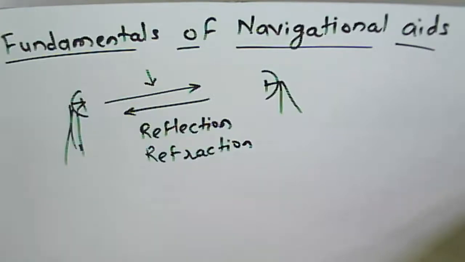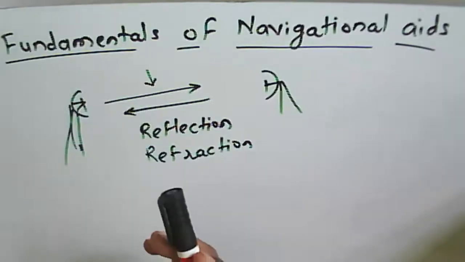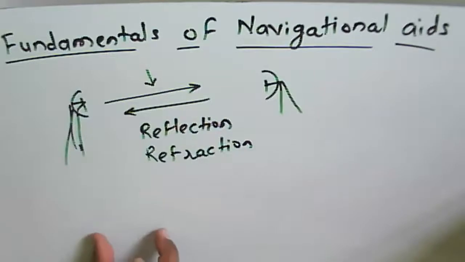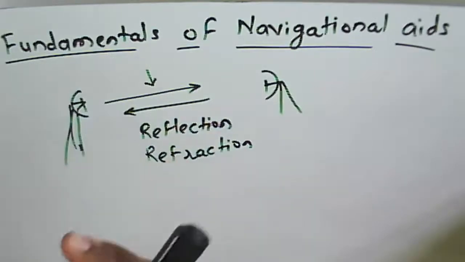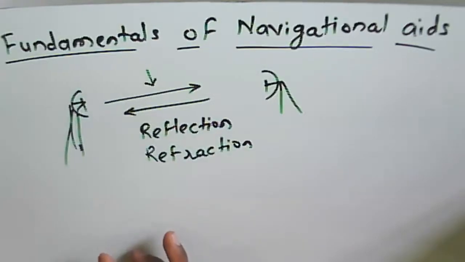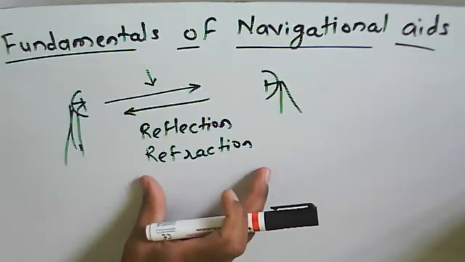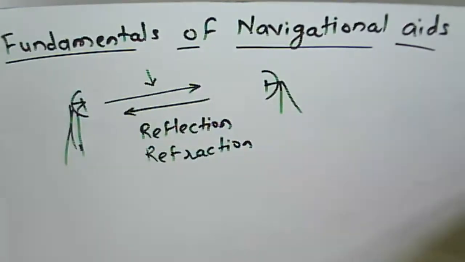That ionization layer changes. So when we propagate the signal from the ground to the satellite, there will be an issue regarding some particular frequency band. If the signal passes through the given medium, then we say the signals are refracting from that medium.